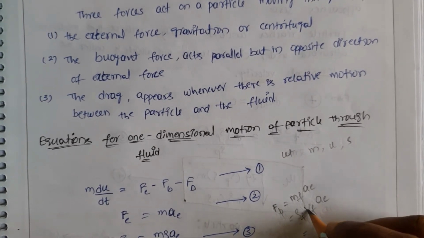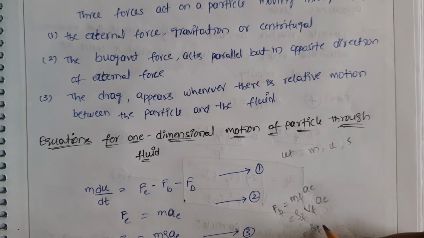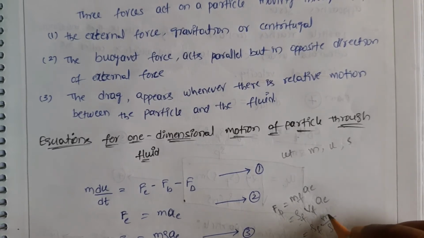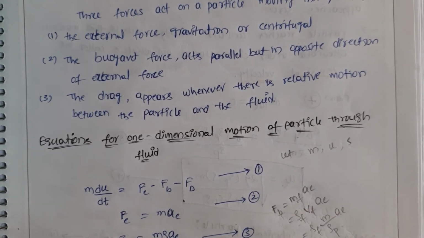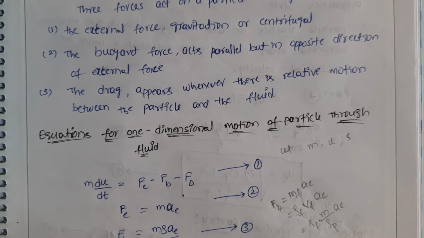The volume displaced is equal to the volume of the solid, so that much amount of fluid will be displaced, right? So rho f times the volume of the solid, which is the mass of the solid divided by the density of the particle, times ae. So this can be written as Fb equal to the mass of the solid particle times the density of the fluid times the external acceleration divided by the particle density.